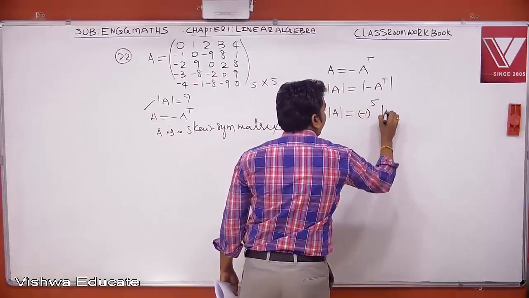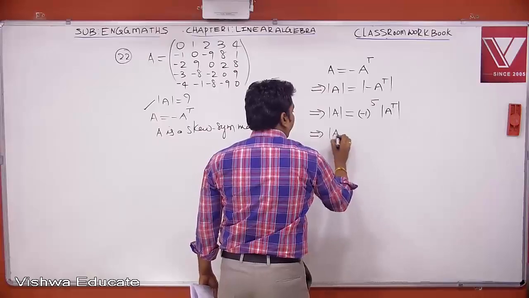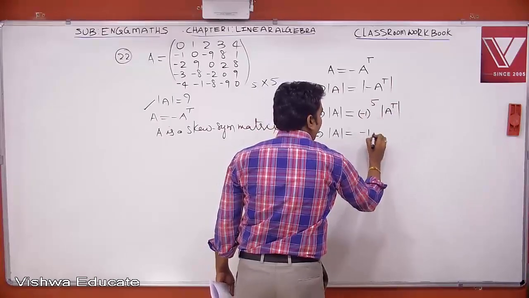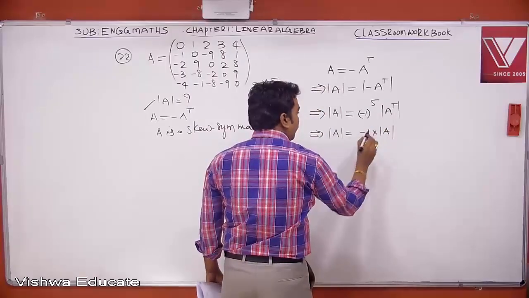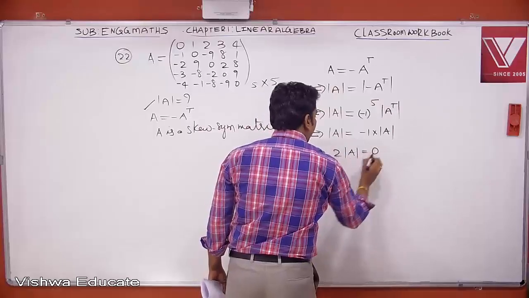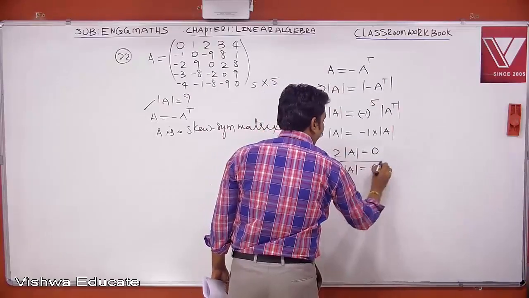So minus 1 whole power 5 into det of A transpose. Minus 1 whole power 5 is minus 1. We know that det of A transpose is det A from properties of determinants. So 2 times det A equals 0. This implies the determinant of this matrix is 0.